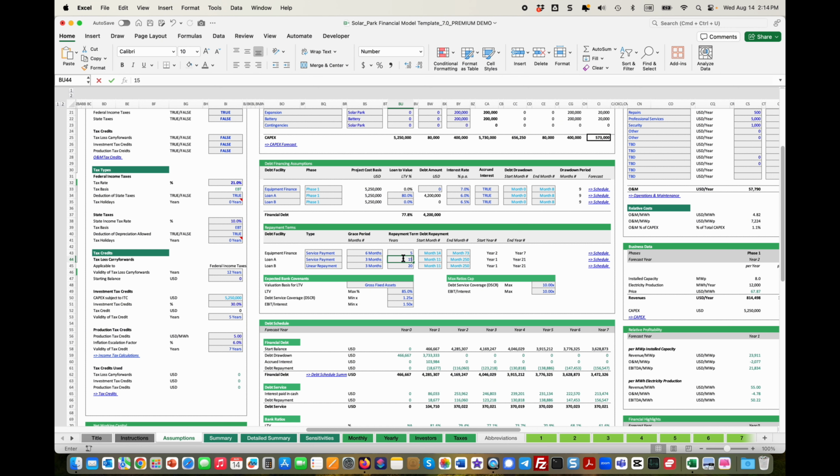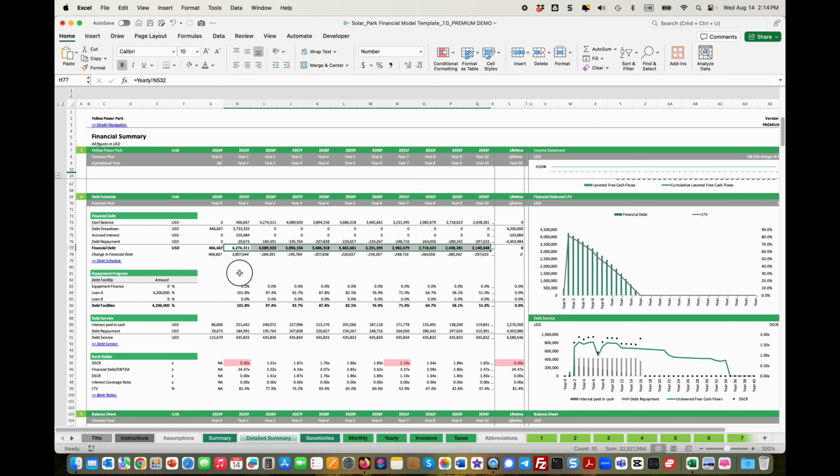So you could also assume what would happen if we would repay the debt faster, 15 years. You can go back and then you basically see the new debt schedule, and you might want to look also at the ratios. And now you see some of these ratios turn red, especially when I look at the debt service coverage ratio.